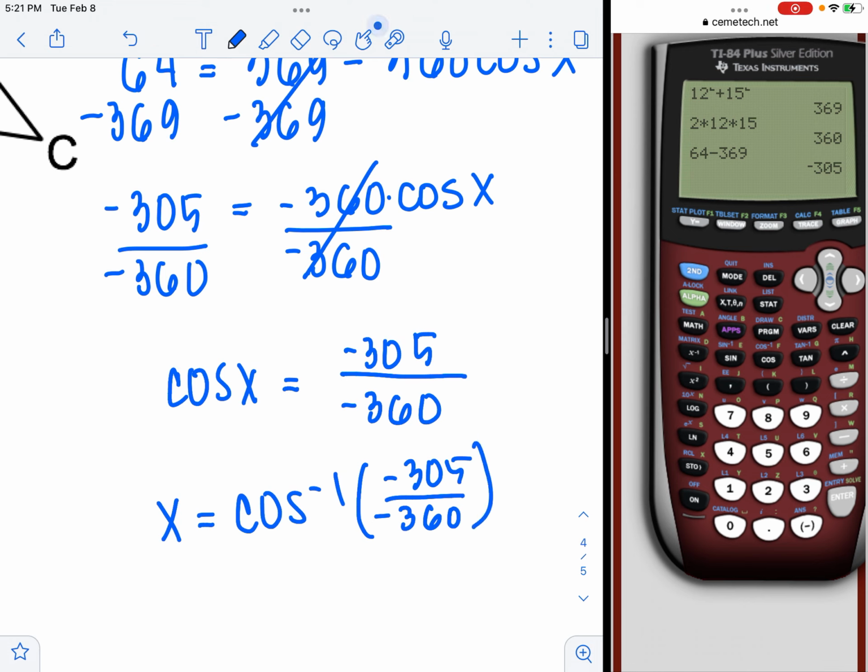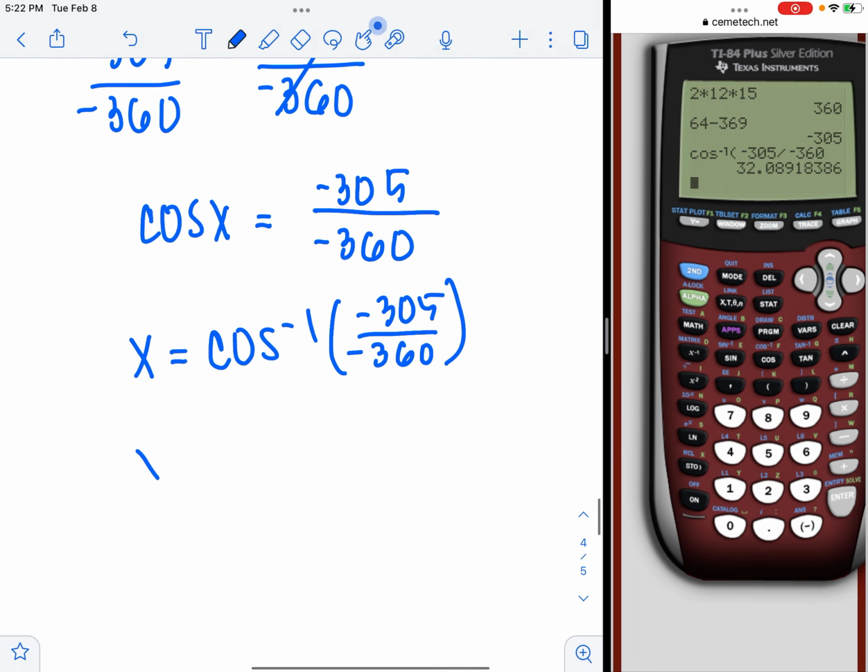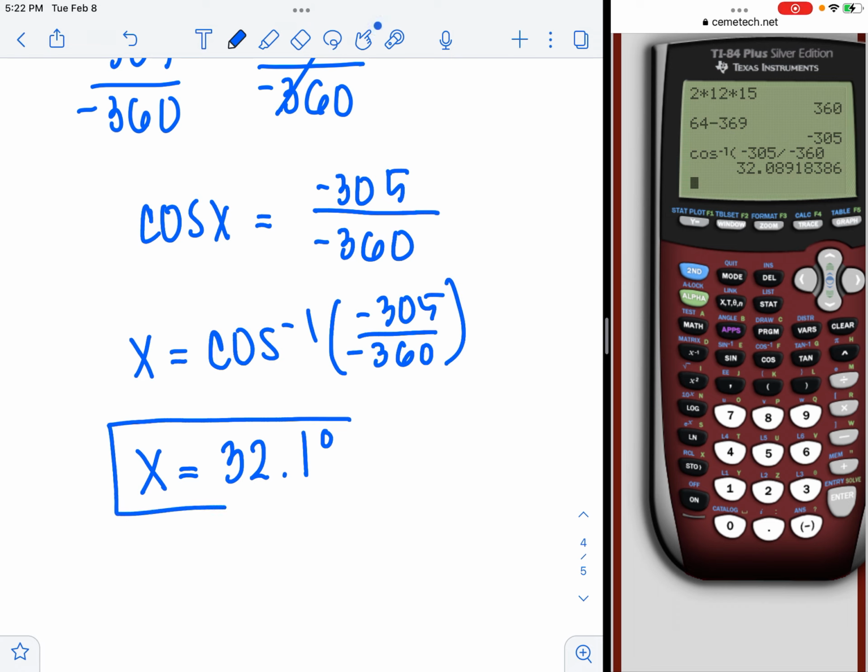So now I can put this in my calculator. Cosine inverse, negative 305 divided by negative 360. This is an angle measure, so I'll be rounding to the nearest tenth place, which is one decimal place. 32 point, I see a 0 on my screen, but there's an 8 next to it, so I'm going up to 1 degrees.